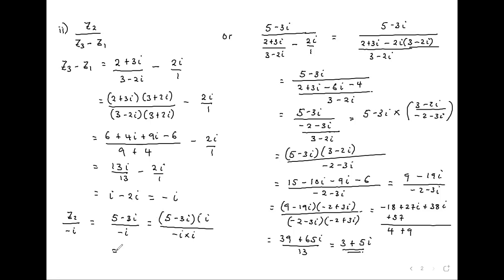So 5 times i, we get 5i. i times i, that is negative 1, times negative, we get positive 3. Over negative i times i, we get positive 1. So this gives us 3 plus 5i. Okay.